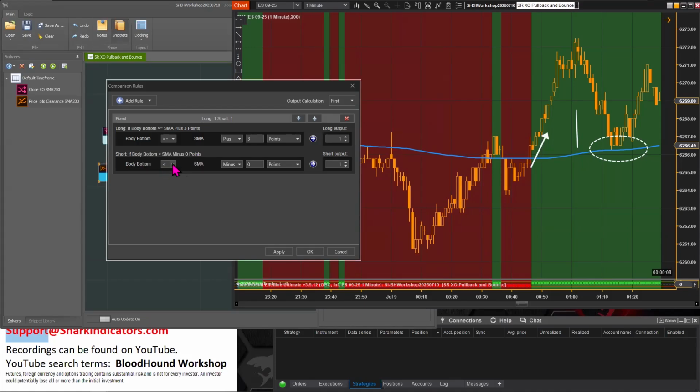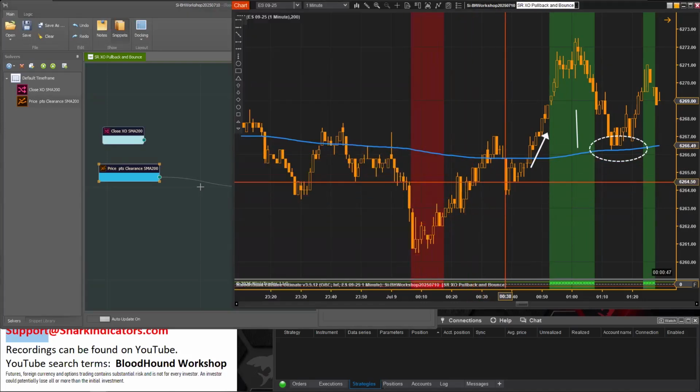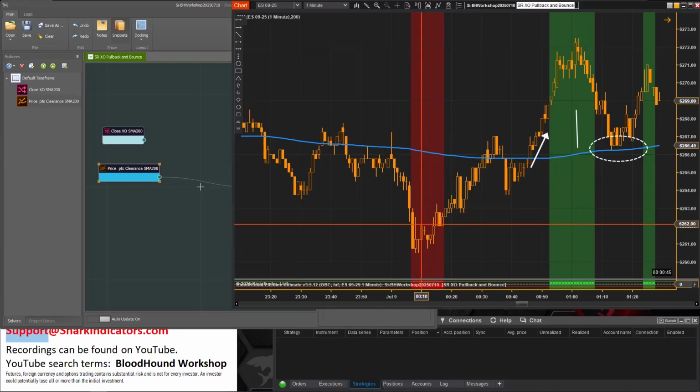So body top, but this time we're going to go less than or equal to the SMA minus, and I'll just put in 3 points there as well. And so for shorts, let me switch this over here. We're going to use the body top. For these short bounces, we'll use the top of the body, measure from the top of the body to our SR level there.